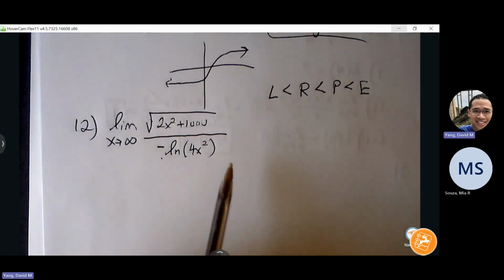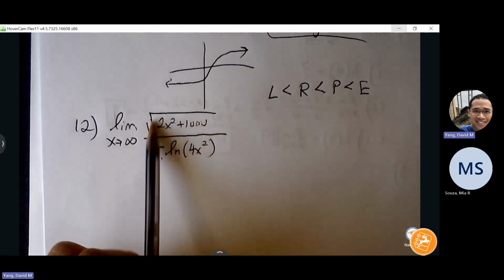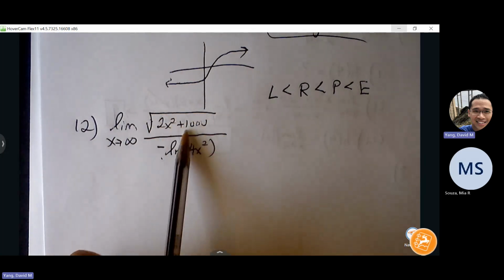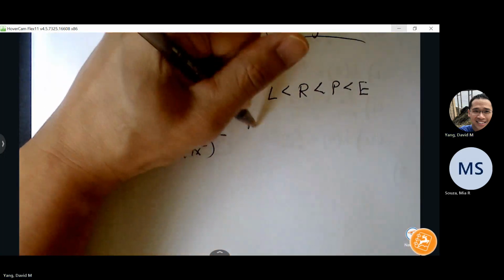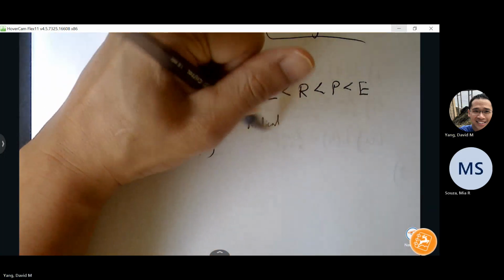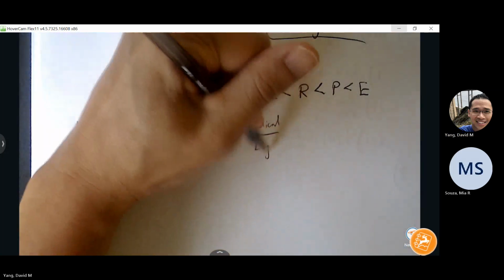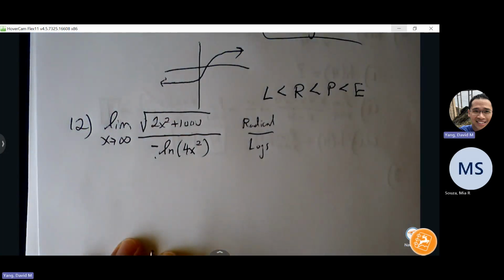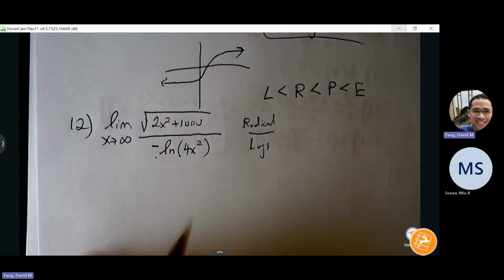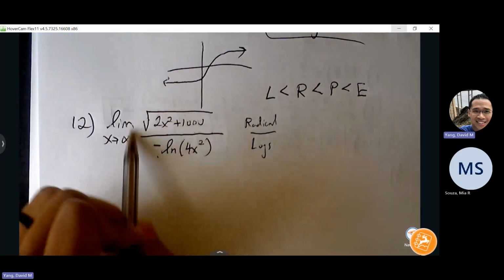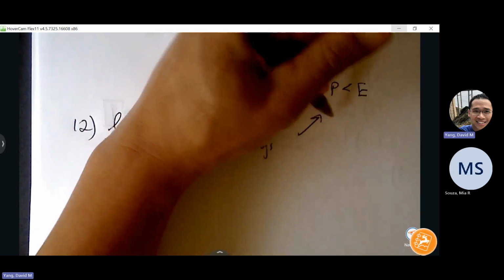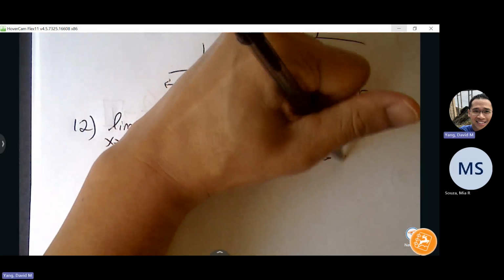So here, what category can I place this in? Radicals. Okay, so radicals up top, logs on the bottom. Which is growing at a faster rate? The top, which means that this fraction is getting larger. So we have two options: either positive infinity or negative infinity.